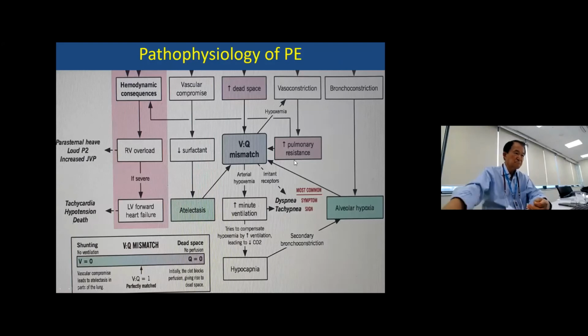Certainly, pulmonary emboli does not deliver any oxygen. Clinicians often misunderstand that when the PO2 is down, they immediately think of pulmonary emboli. But that's bad thinking.